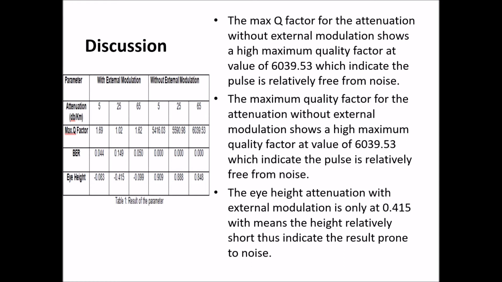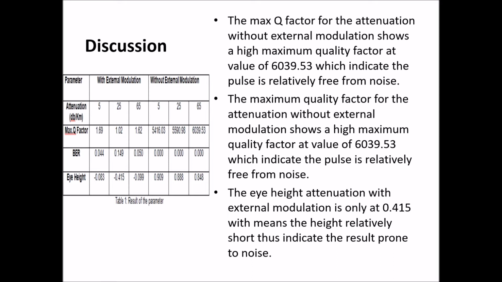Different from the attenuation with external modulation, the maximum quality factor for the attenuation without external modulation shows a high maximum quality factor at a value of 6039.53, which indicates the pulse is relatively free from noise.